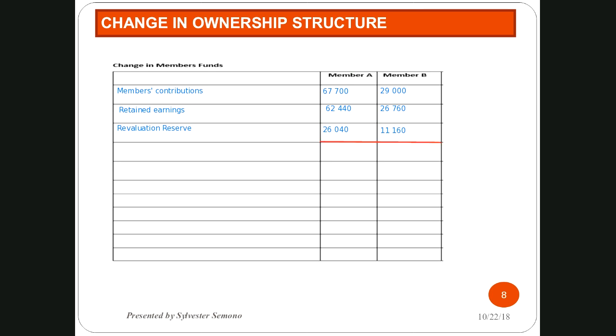The total for member A is $156,180. Member B, the total is 66,920. Any questions, guys? These are the totals before the transfer.